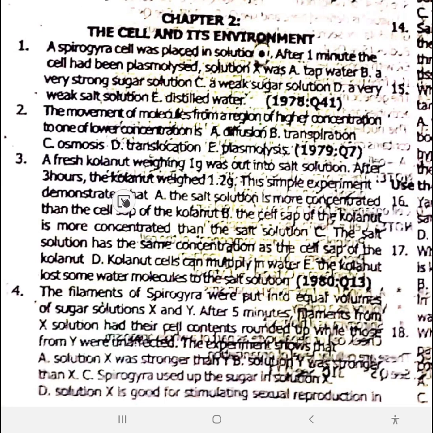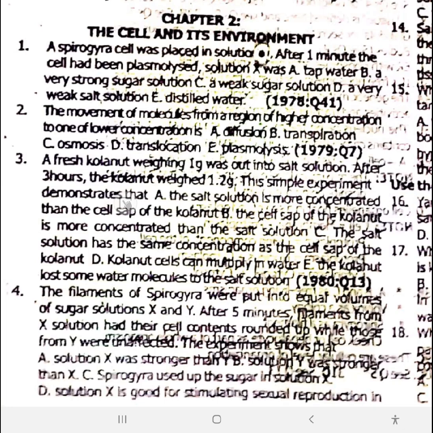So let's write. Hypertonic solution means the solution is more concentrated than the interior of the cell. Hypotonic solution means the solution is less concentrated than the interior of the cell. Isotonic solution means they both have the same concentration.